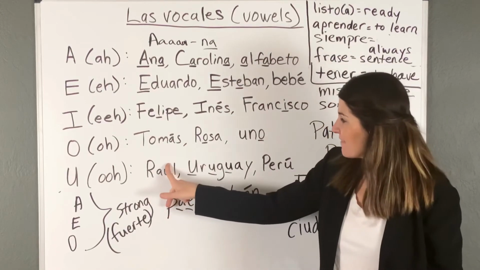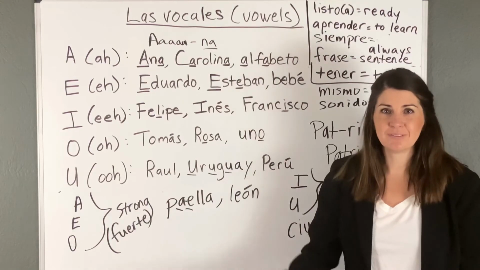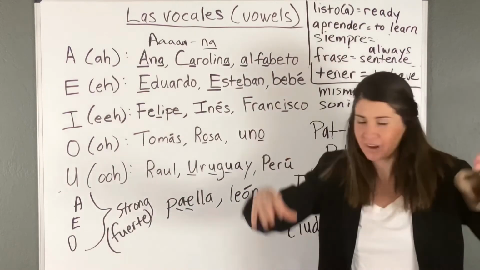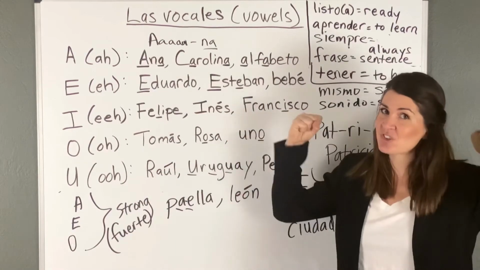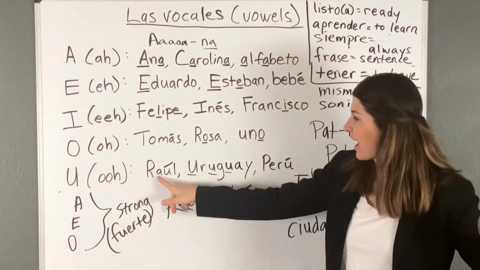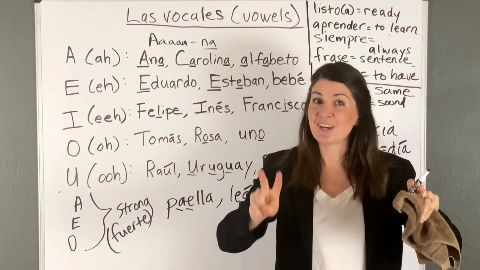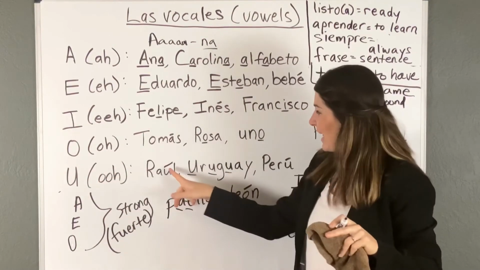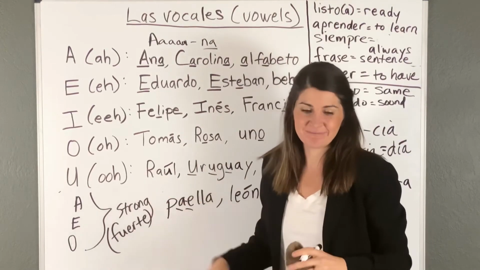So if we didn't have this, it would sound like what? Raúl. One syllable, Raúl. But weak vowel becomes strong, muy fuerte. Raúl, Raúl. Dos sílabas con el tilde. ¿Comprendes? Muy bien.